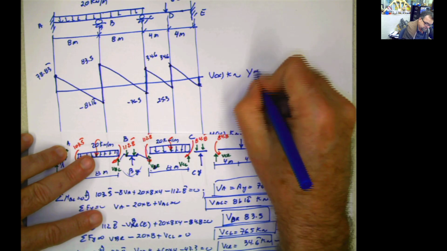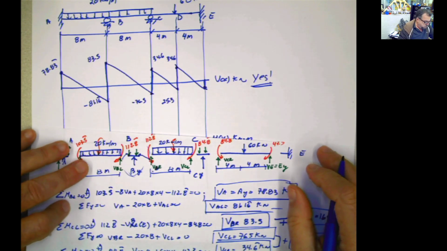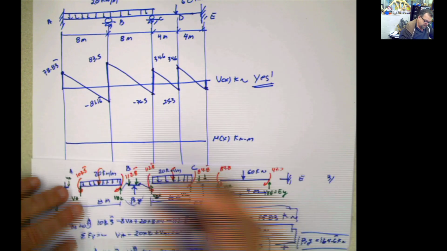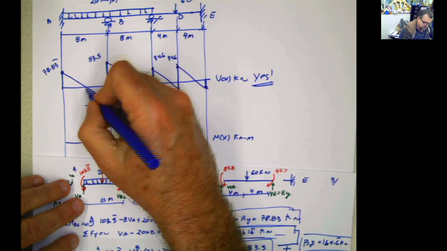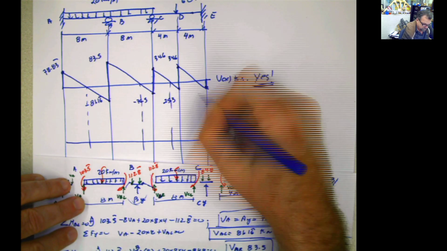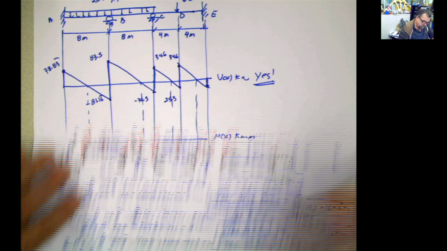And now remember, yes. There you go. Now, of course, for the moment diagram, even though I have all the values, I need to calculate these points because those are maximum moments. But I have all the values for moment here.